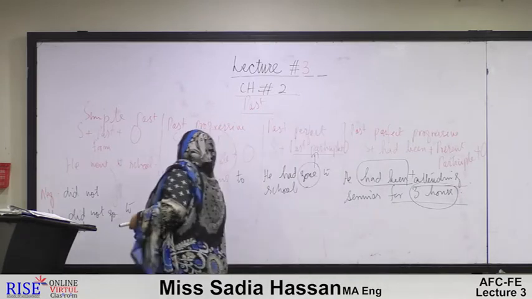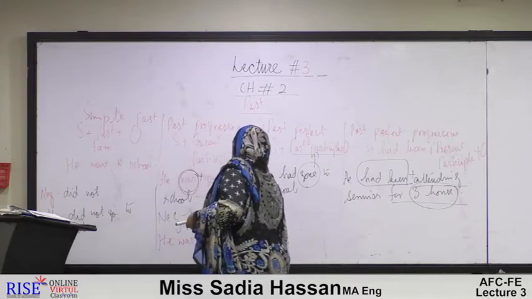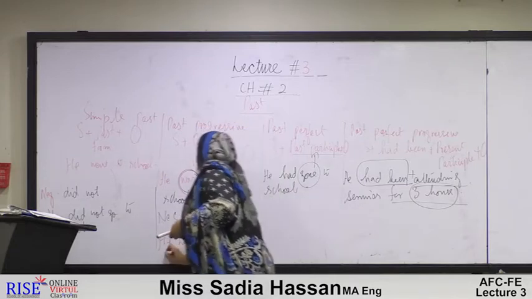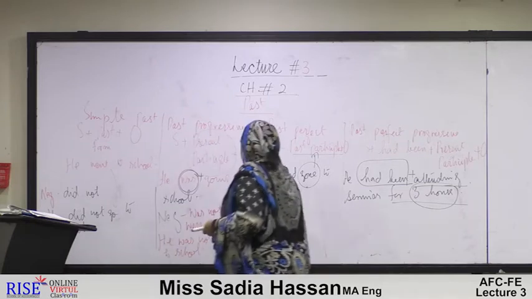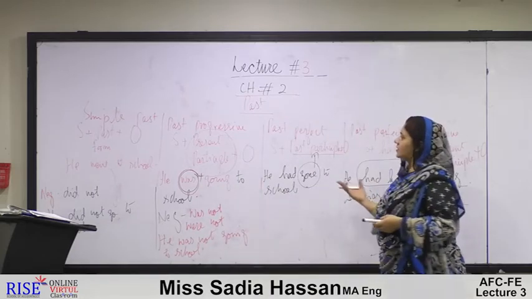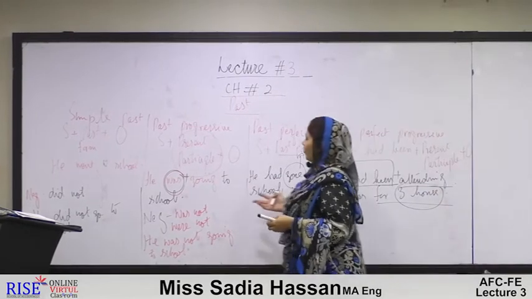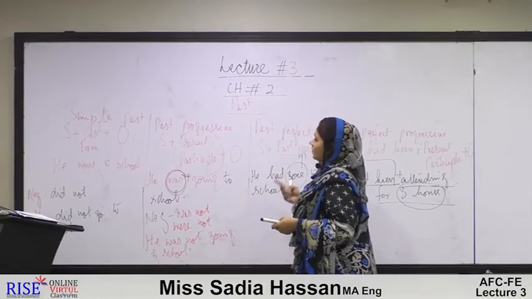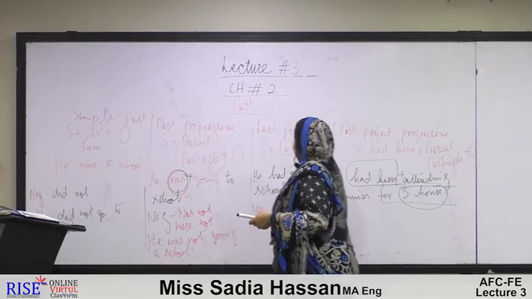So we are going to add: he was not going to school. Now I'll be using another tense in the future form because this going is actually creating boredom in the topic. Okay, now we move on to the negative.